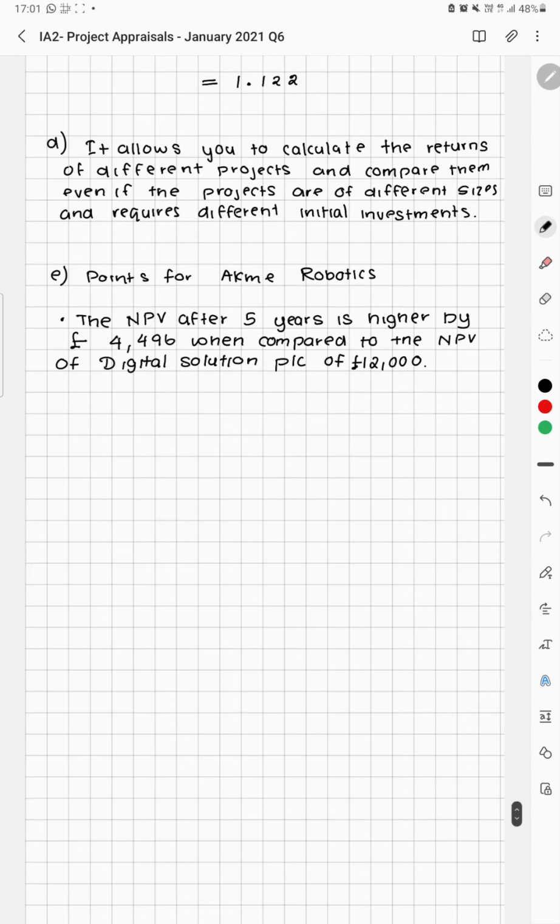Okay. So now we'll talk about points for Digital Solutions. One general point for Digital Solutions is quite simple.